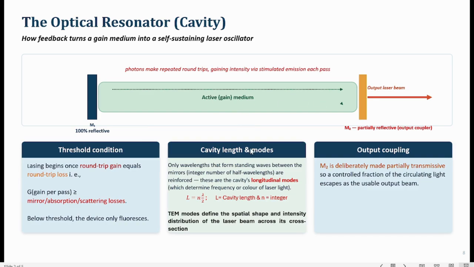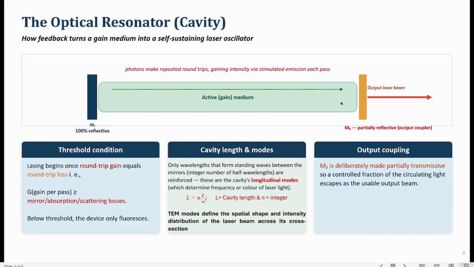Now this cavity has 2 kinds of modes. First type of modes are known as longitudinal modes, and the other type of modes are known as transverse electromagnetic modes. These longitudinal modes are the ones which fit inside this cavity, for which the wavelength of these modes is related to the length of the cavity by this relation L equal to n lambda by 2, where n is an integer.